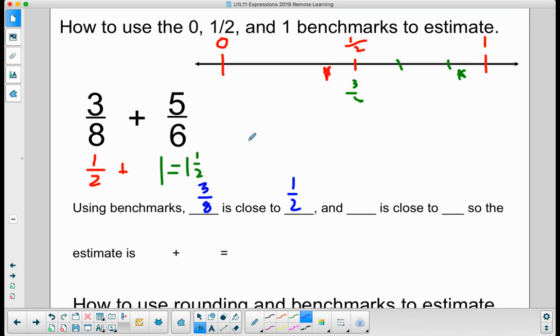And my second fraction, 5/6, we said was close to the benchmark 1. So the estimate is 1/2 plus 1 equals 1 1/2.